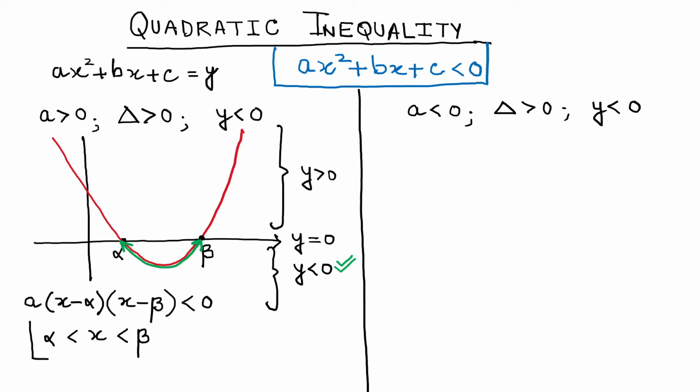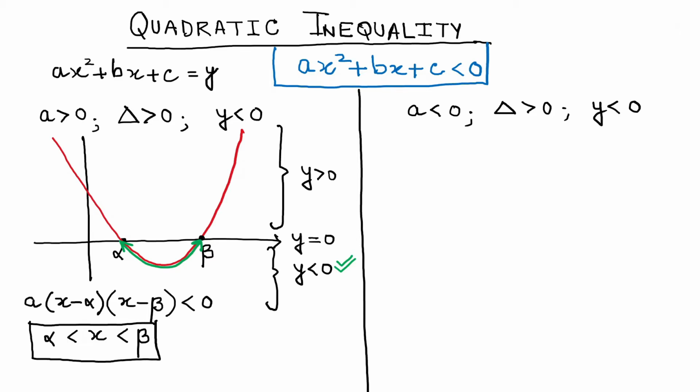So this is the answer, or the imposition on the domain, which was given rise to by the restriction on the range of the function ax square plus bx plus c being less than 0.